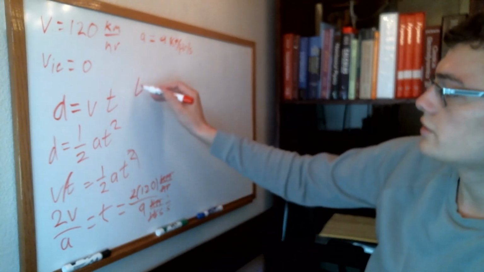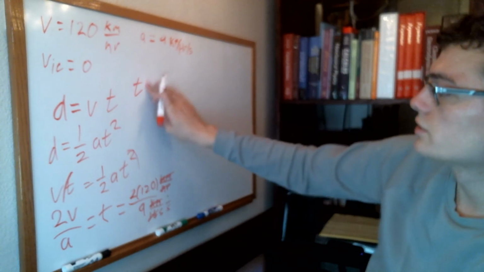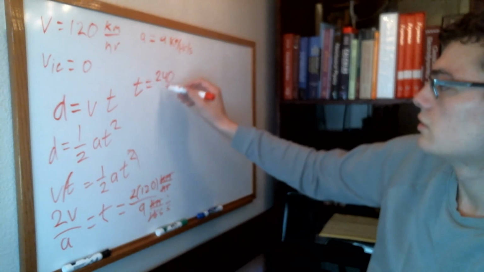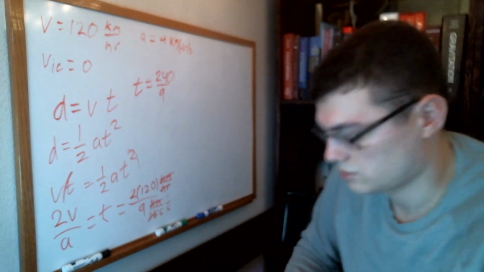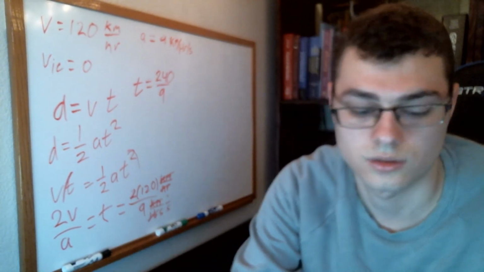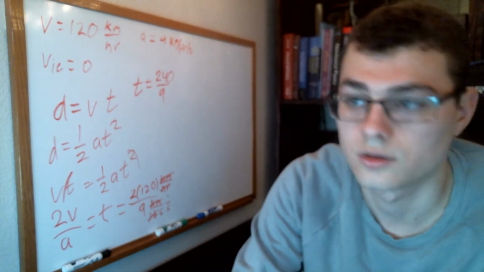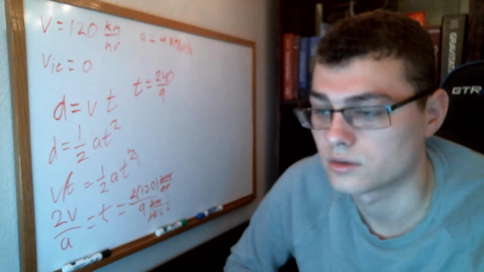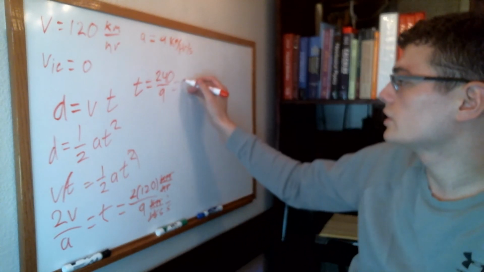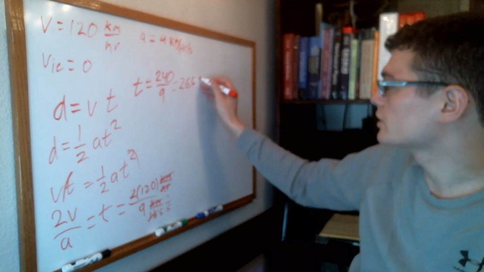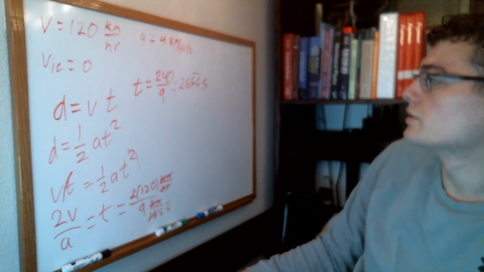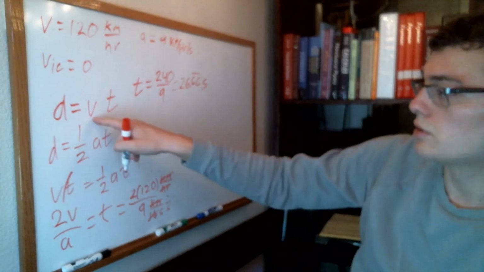Okay, so then t is going to equal 240 over 9, which is going to be 26.66 repeating seconds. And so now we can plug this number into our distance formula here.